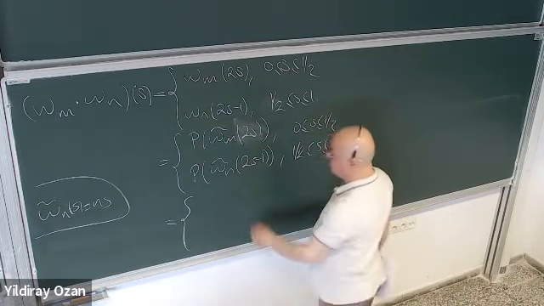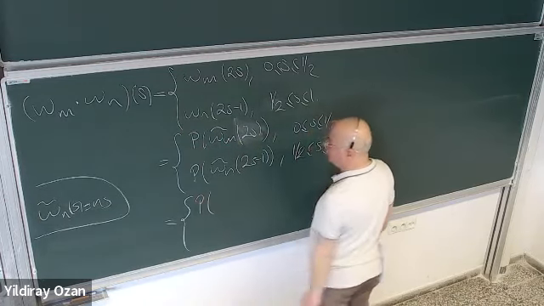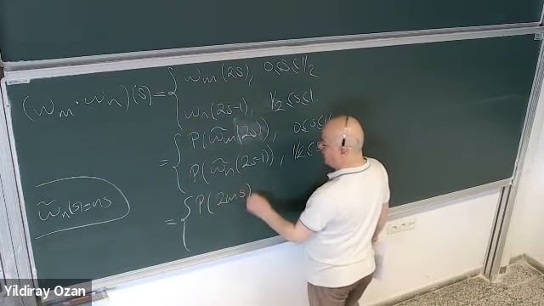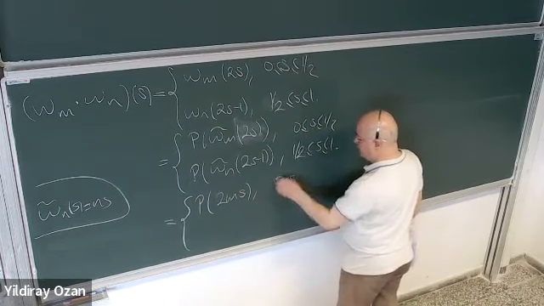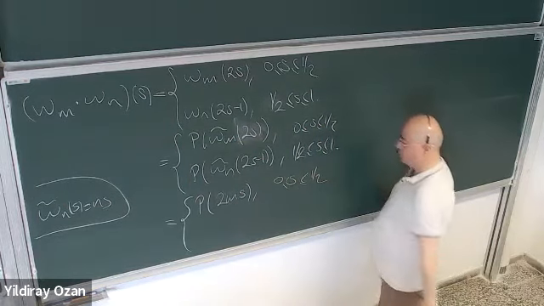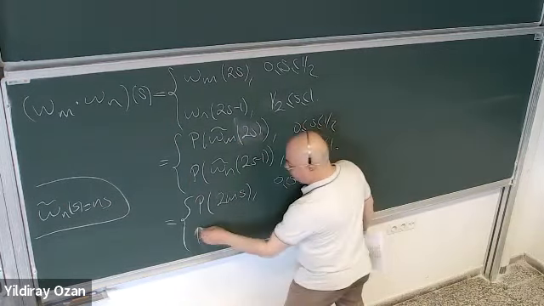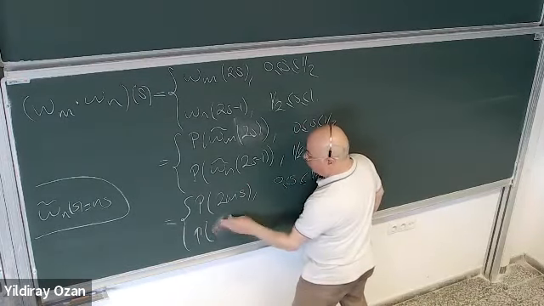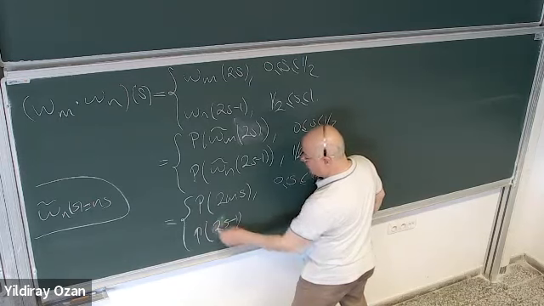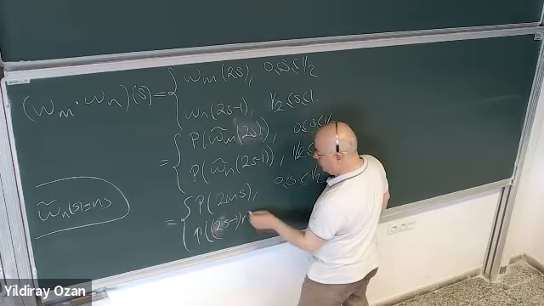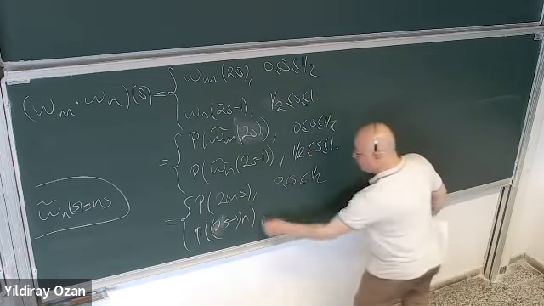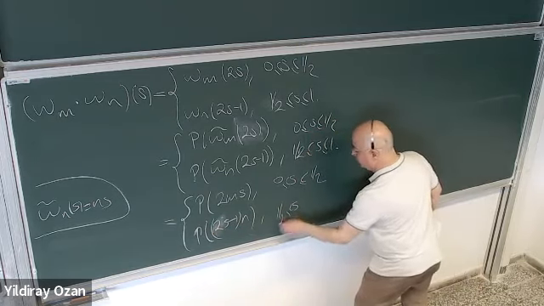So if I just plug it here, we get P of 2ms as s is between 0 and 1 over 2, and this is just P of 2s minus 1 times n, s is between 1/2 and 1.